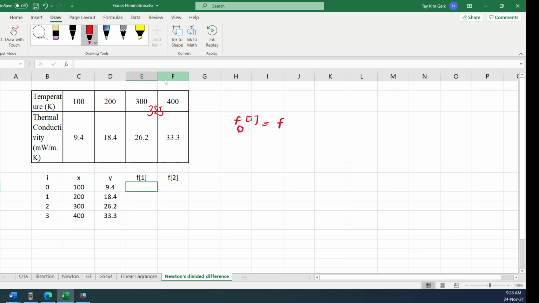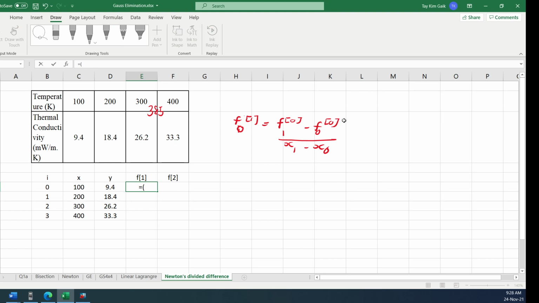The subscript refers to the i, the superscript stands for the level: this is the first level Newton divided difference, this is the second. Now you want to find F01, which will be F1 at level 0 minus F0 at level 0, divided by, 0 plus 1 will be X1 minus X0.